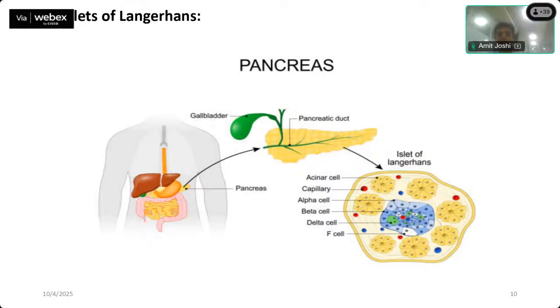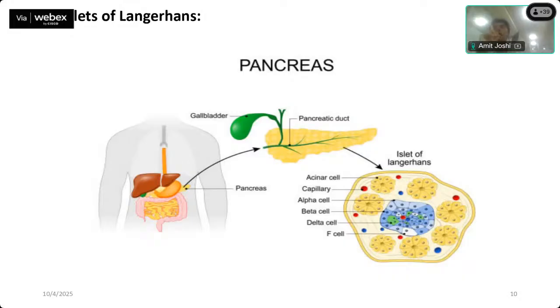The pancreas plays a very important role, and inside the pancreas there are various kinds of cells: acinar cells, capillary, alpha, beta, delta, and F cells. But for us, the two important cells are the alpha cell and the beta cell. The alpha cell is responsible for glucagon. That glucagon hormone contributes towards glucose generation in your blood.